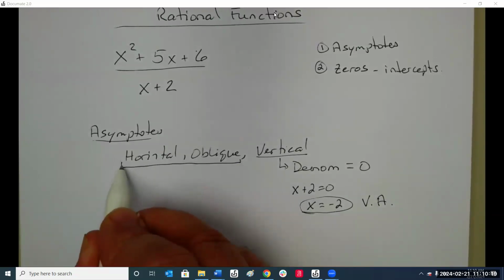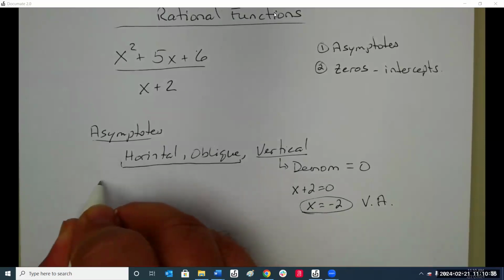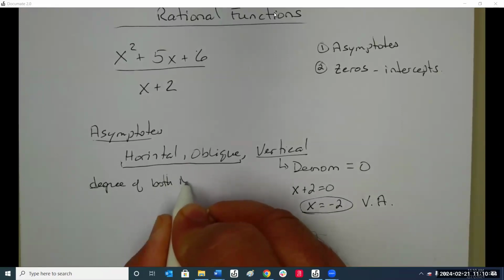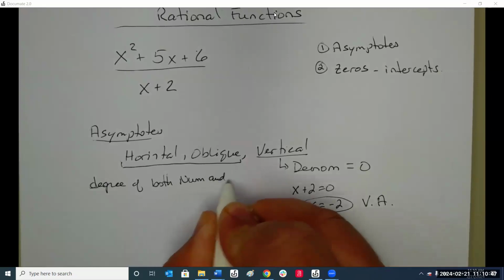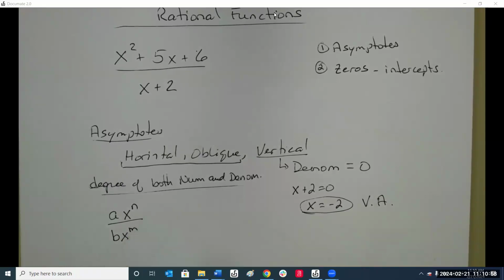You have either horizontal or oblique. You cannot have both of them. How do you determine horizontal asymptotes? Compare the degree of both the numerator and denominator, just of their leading terms.